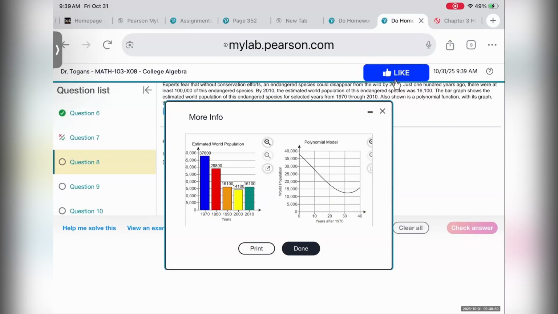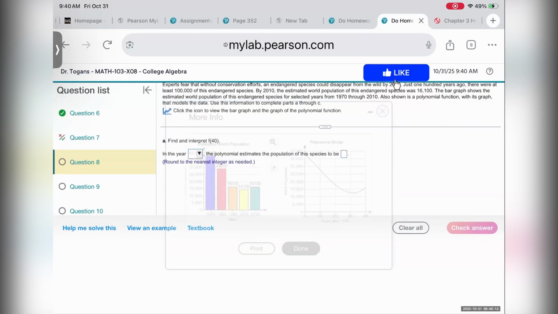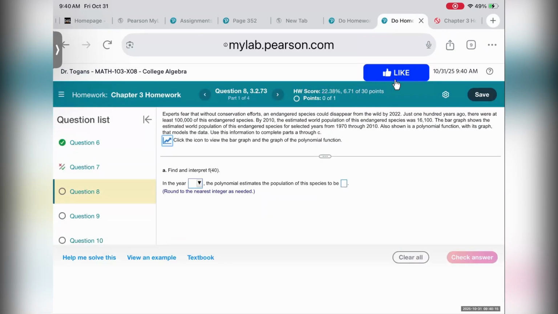Oh, I think this is the estimate one. All right, what does 40 correspond to? 1970? Is that 2010? Yeah. So click done. Find and interpret f of 40.